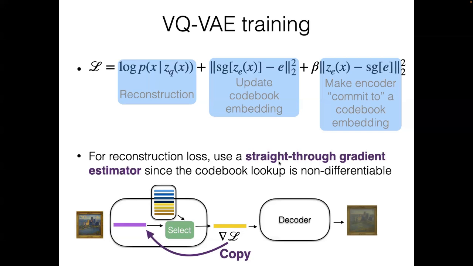This idea wasn't invented in this paper. It's a kind of noisy gradient estimator, but people do use this in different settings. You do the selection, and then you just pass the gradient straight through the selection. That's maybe why it's called the straight through estimator.